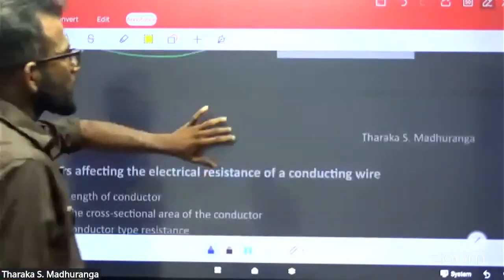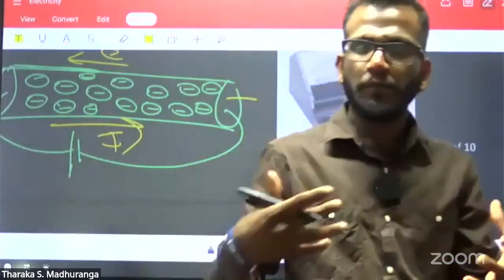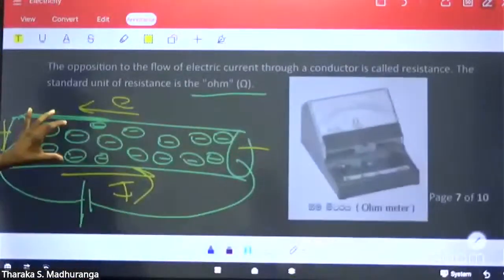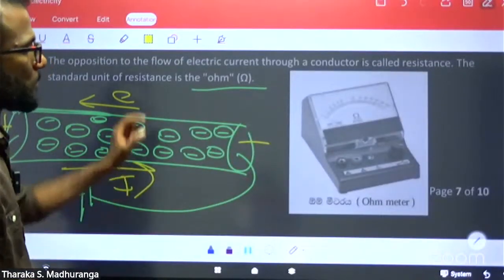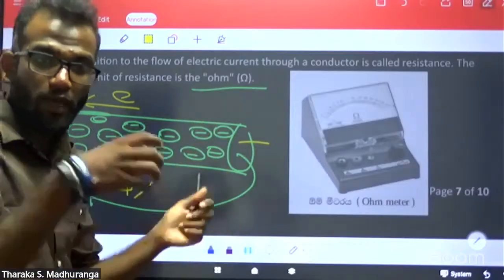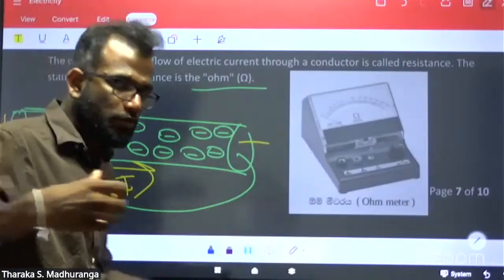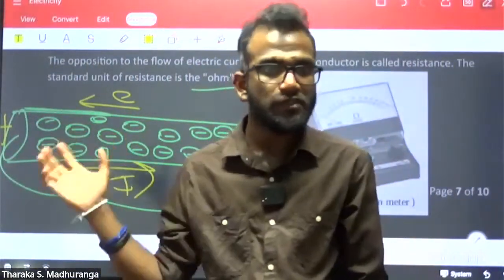Okay, back to the lesson. Resistance is the opposition force or barrier to electric current. It comes from collisions with atoms and electron-to-electron collisions. Electron-to-electron and atom collisions are the main reason for this.